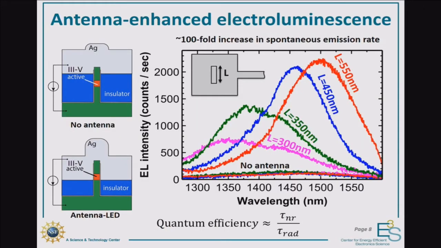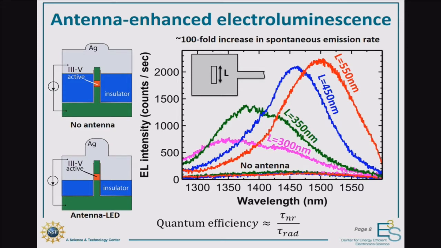Okay, so we've built the devices in the lab, and we've successfully measured enhanced spontaneous emission from the devices. And the way that we measured this was on the same chip. We had basically two flavors of device. One was the antenna LED itself, where the 3.5 active region was tightly coupled to the antenna. And then another device, which I'll call the no antenna device, where the metal was offset from the active region, and so it did not couple to the antenna mode.